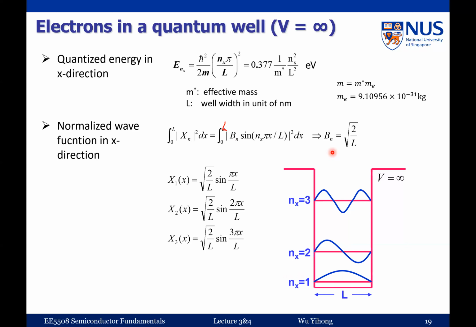When you move on further, you have 3 and 4, and just continue. So that basically tells you roughly the idea in quantum mechanics. If you have a state represented by a wave function which varies rapidly in real space, then typically that state will have higher energy. Okay.